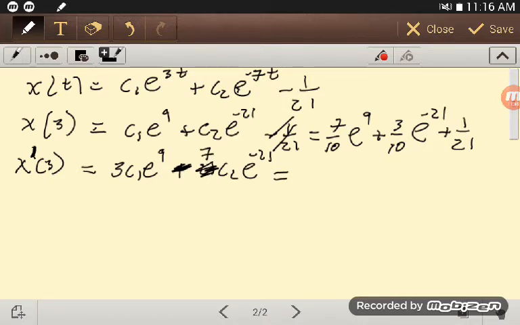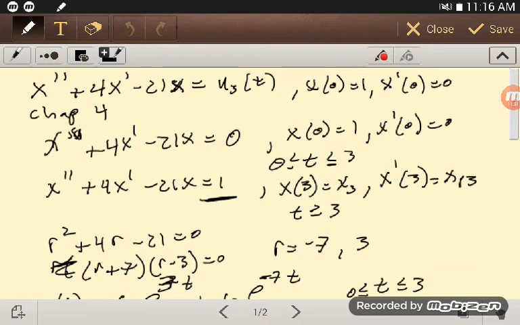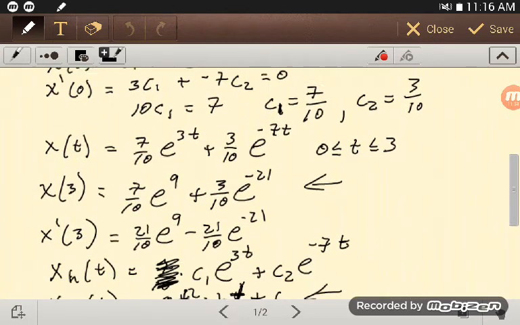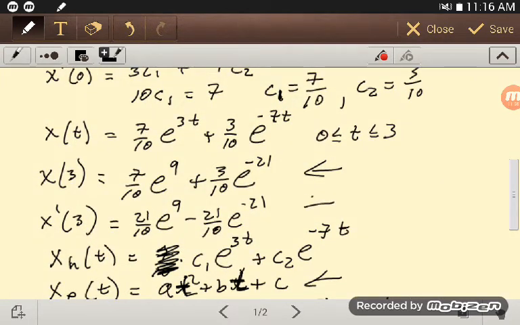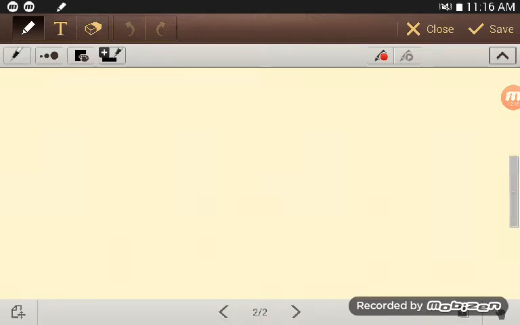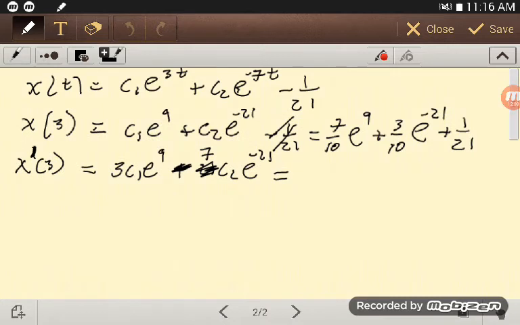And that is equal to, and again, we've got to go back and look at x prime of 3, and that was right there: 21 over 10 e to the 9 and minus 21 over 10 e to the minus 21.